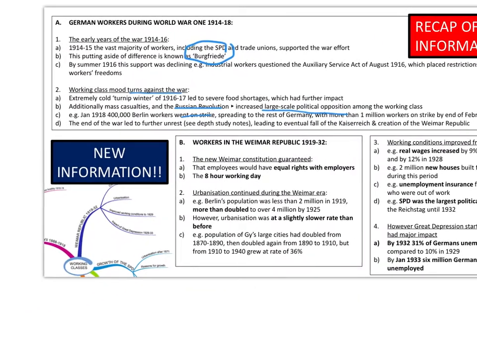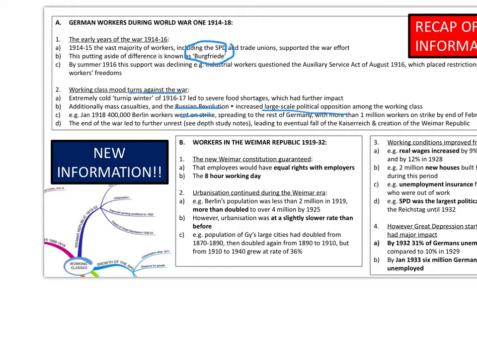And so some workers became radicalised, and of course we saw in the German Revolution the radicalised workers supported the socialists, but generally speaking the majority of German workers were not radicalised in that way, and they absolutely pushed for an end to the war.